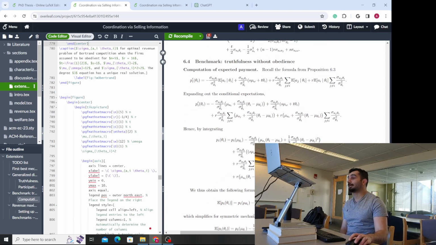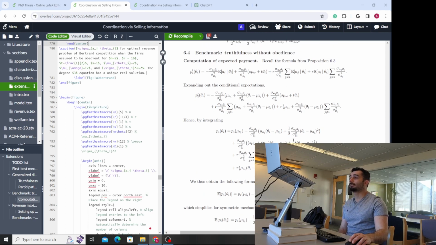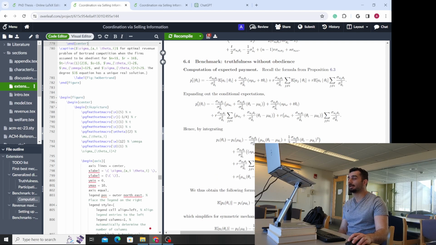I could say we can have this right away and leave all of these big formulas probably in the appendix, because it is basic math. We can say we can compute expected payment using proposition 6.3 and get rid of all of this. At the time when I was computing it, it was necessary to have this.